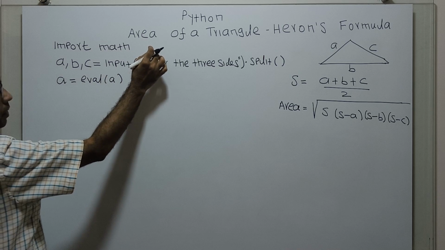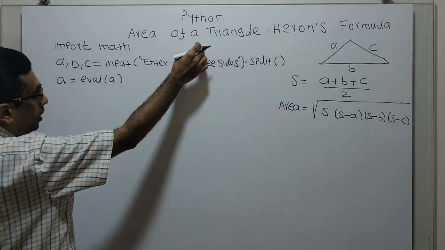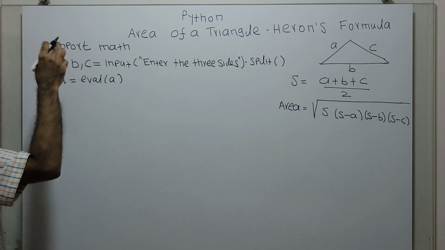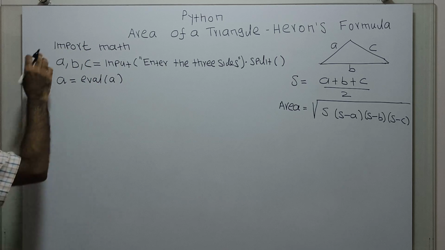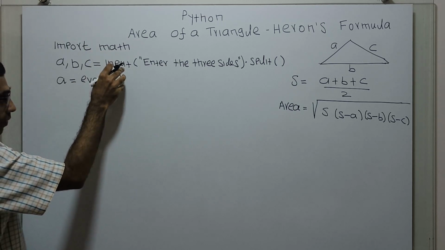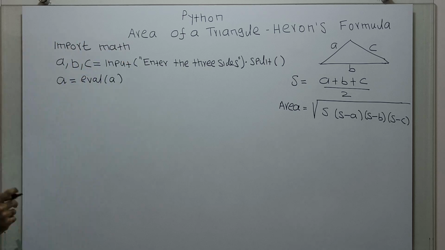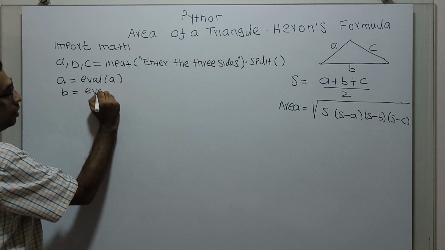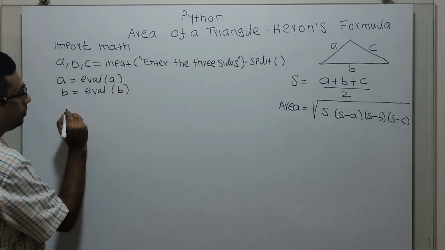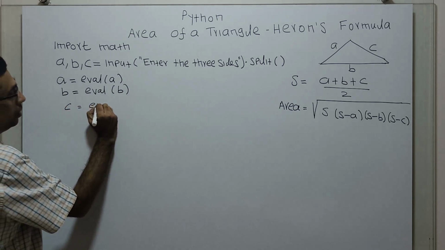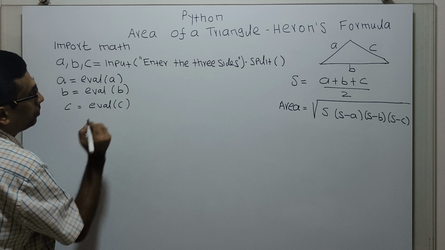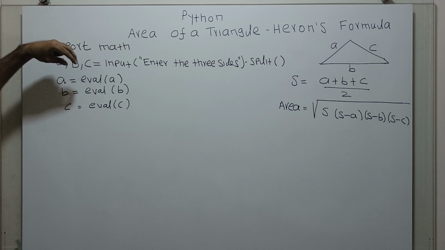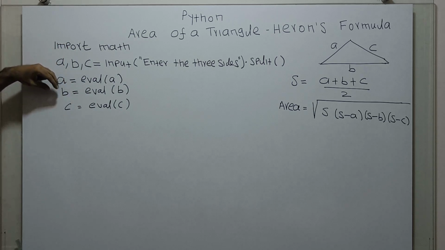If I enter 27.5, 30.5 and 40.5, they will be stored in A, B, C respectively, but they are strings. After passing through the eval function, they are converted into floats and stored in the variable A. Likewise, B equal to eval of B, C equal to eval of C. Now the string values stored in A, B and C are converted into the appropriate data type and stored in A, B and C.